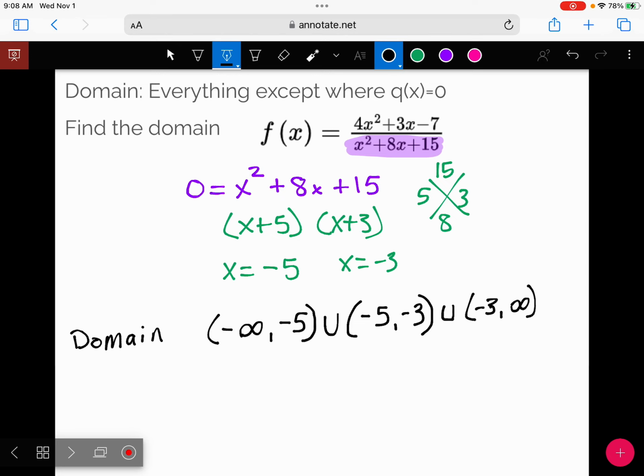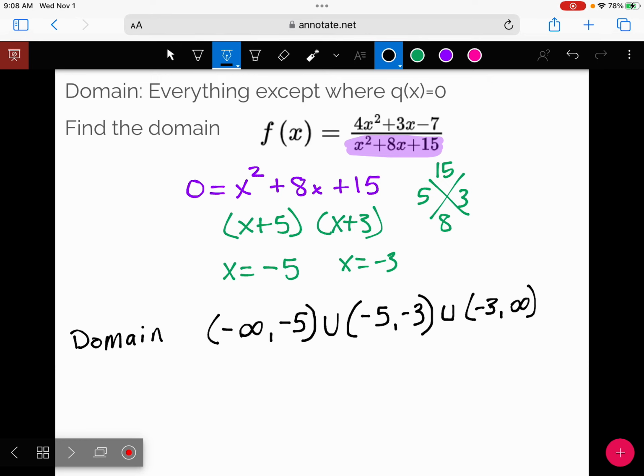So sometimes our domains are going to be long because it's everything except where our denominator equals 0. Okay, so, okay on domain?